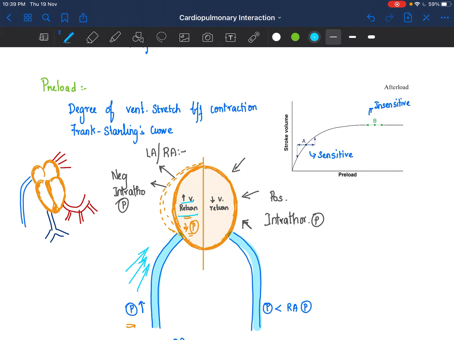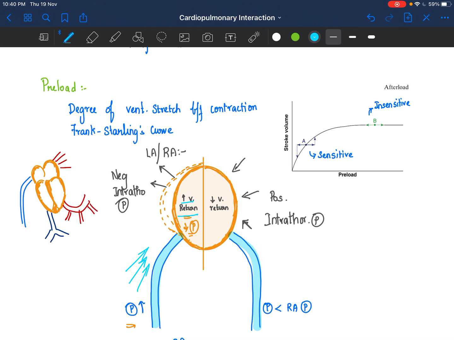If there is increased venous return on the right side, then you expect that under physiological conditions, the same amount of blood is going to come to your left side also, correct? What is going to come out of the right side, you expect it to come back to the left side. Okay, so this is normal spontaneous breathing, where the inspiration causes increased venous return.